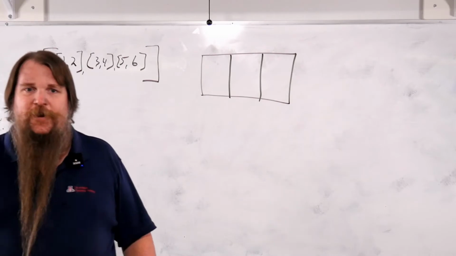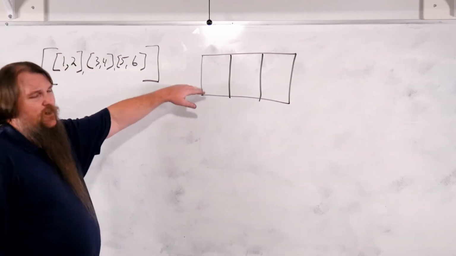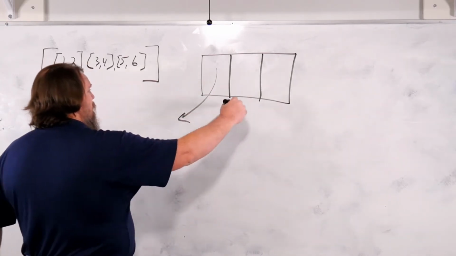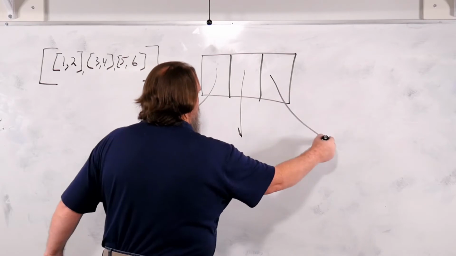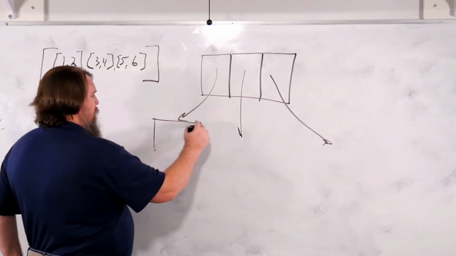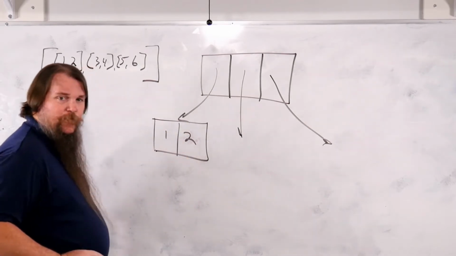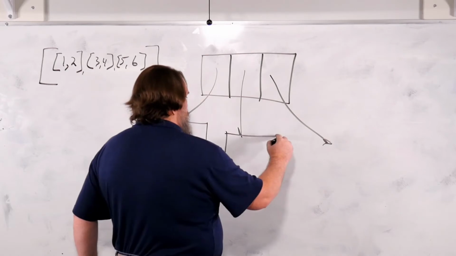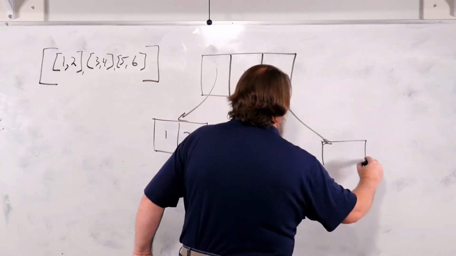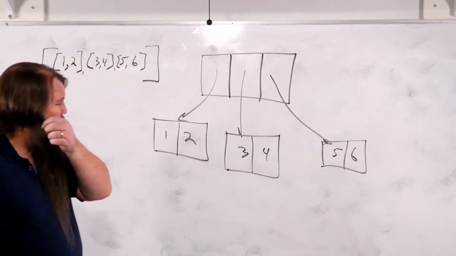What we're going to have here is an array with 3 slots. But instead of drawing our values directly into it, we're going to have a set of arrows coming out of this, pointing to other things. Here is the array 1, 2. Here is the array 3, 4. And here is the array 5, 6.